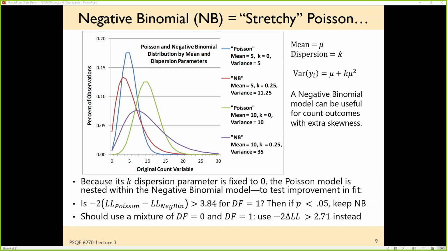So big picture, predicting counts. What link are we going to use? Log. Why aren't we using logits? What are logits for? What kind of outcomes?